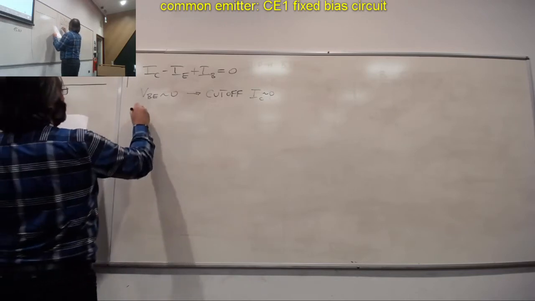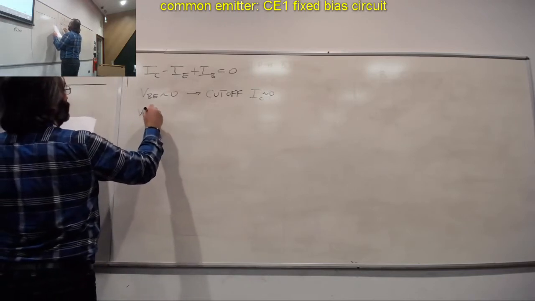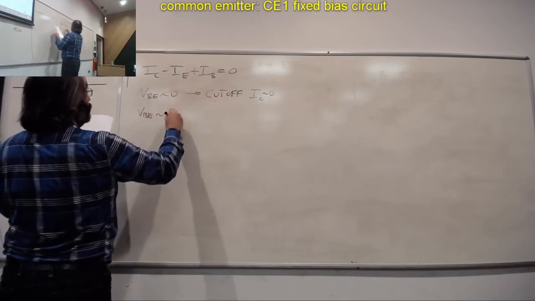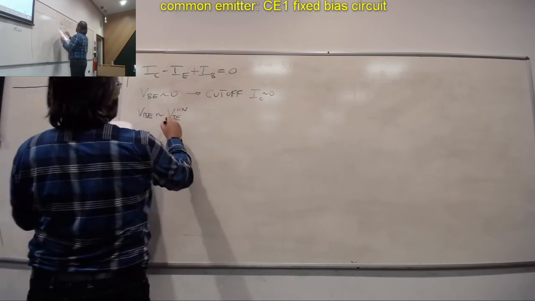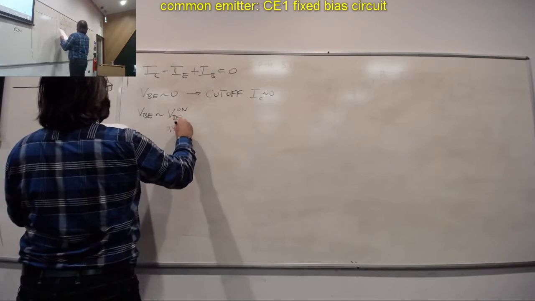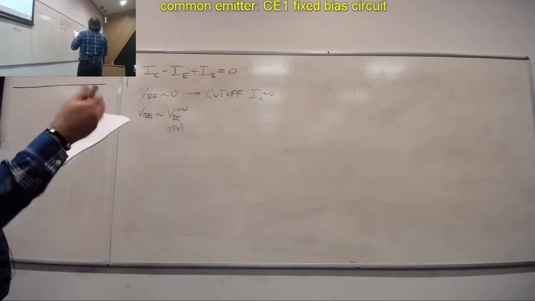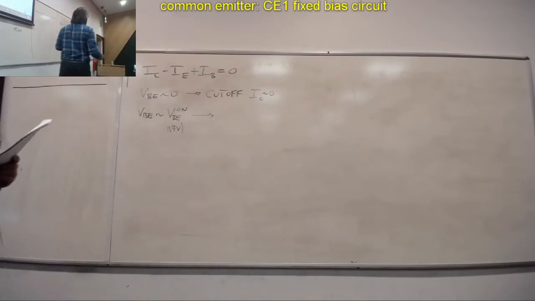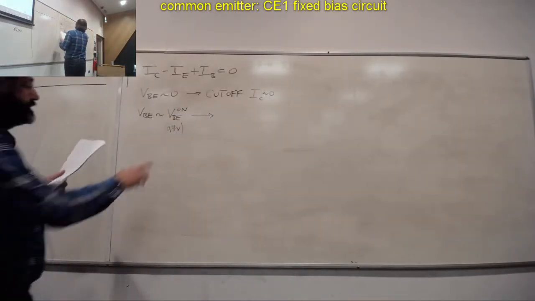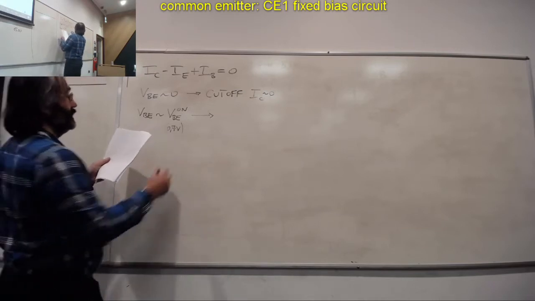And then when VBE instead is roughly VBE on, which could be 0.7 volts. We will often use 0.7 just because it's quite common. But remember always that in the end, you need to take this number from the data sheet of the transistor.